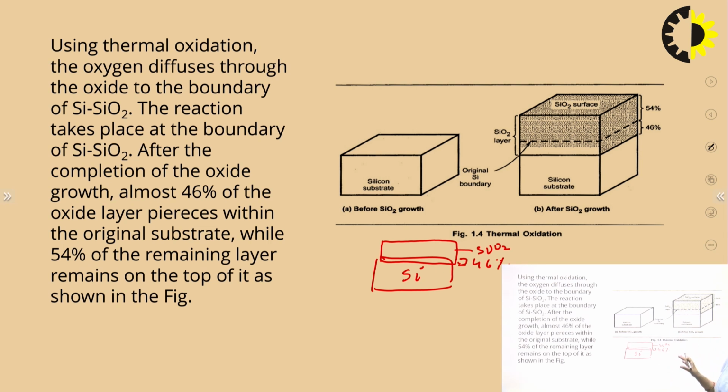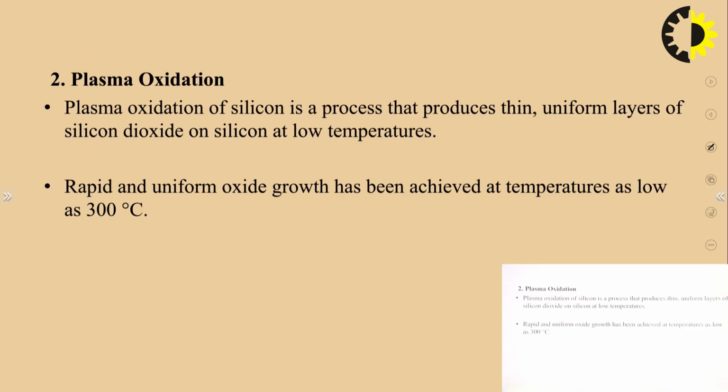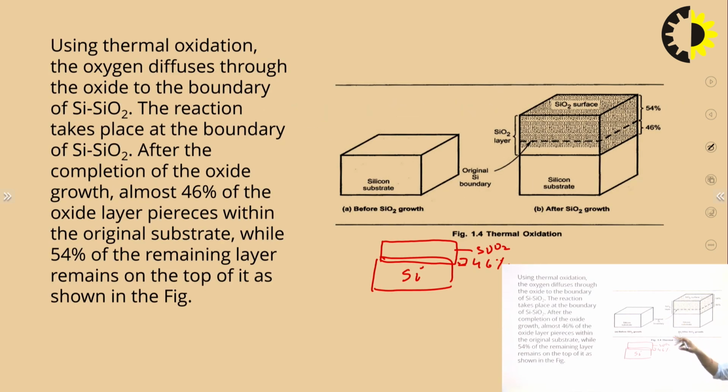So this is your thermal oxidation. We have seen how the oxide layer has formed, and after the formation some of the part, around 46%, pierces inside your silicon substrate, right? So this is all about thermal oxidation.